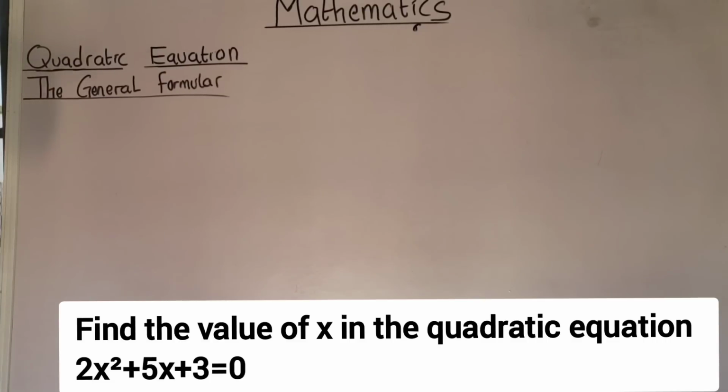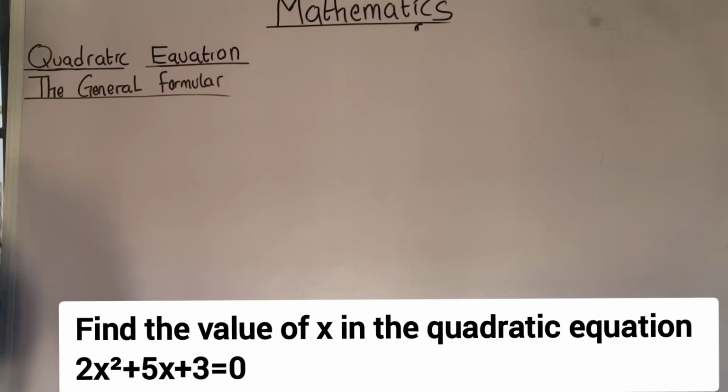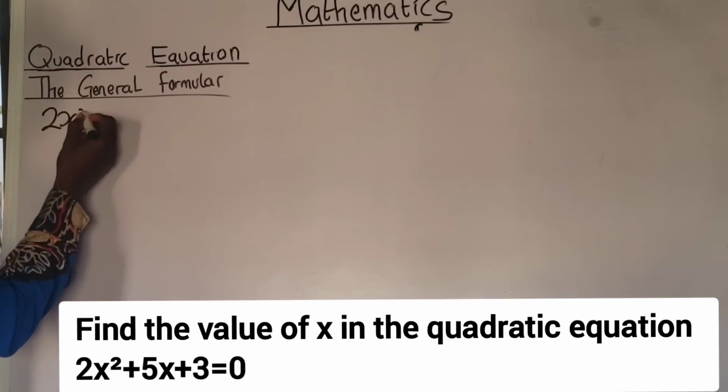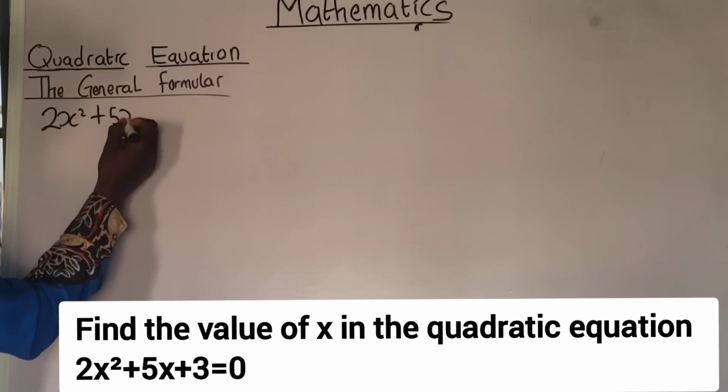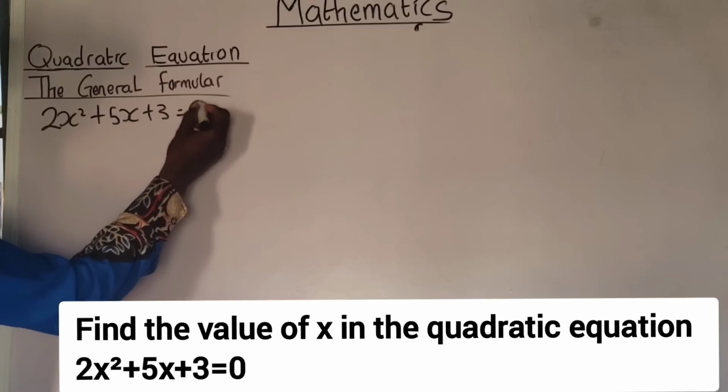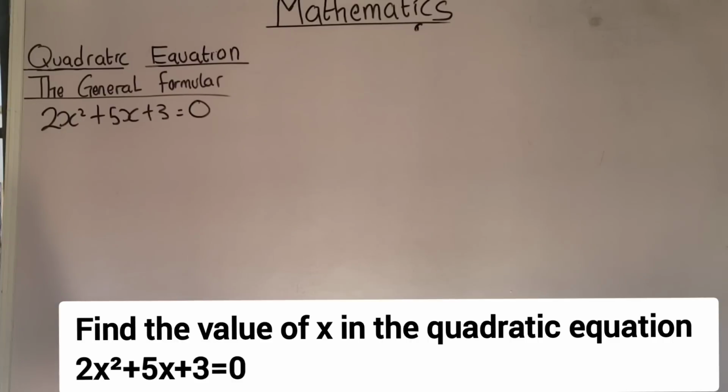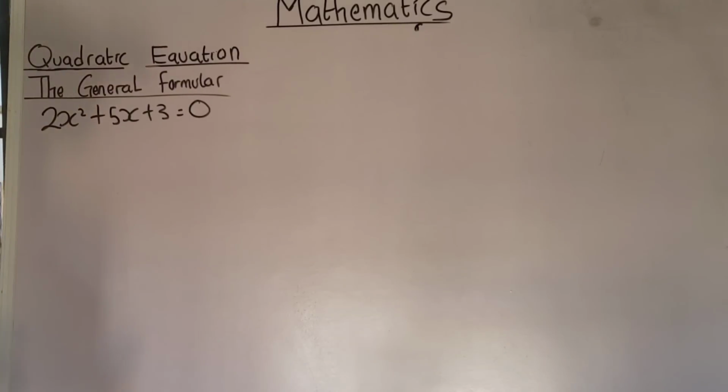We are asked to solve for the value of x in this quadratic equation: 2x squared plus 5x plus 3 equals 0. Okay, how do we solve this quadratic equation using the general formula?